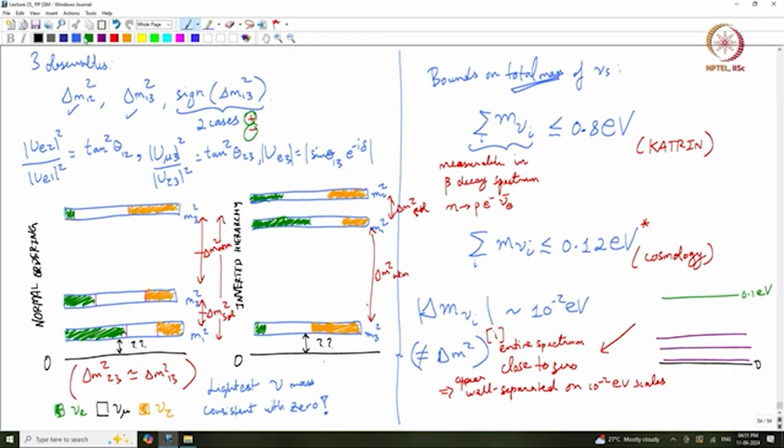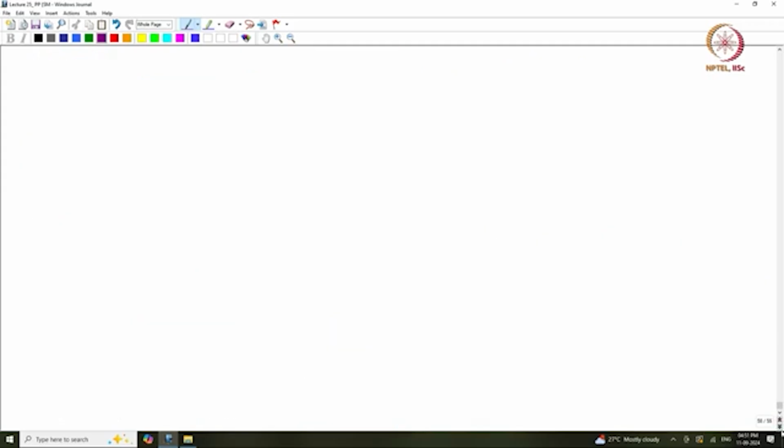So, on 10 power minus 2 scales they appear well separated. If this is 10 power minus 2, I do this 10 times, I get 0.1 electron volts up here. So, that is one possibility.